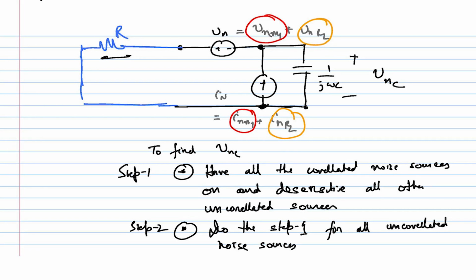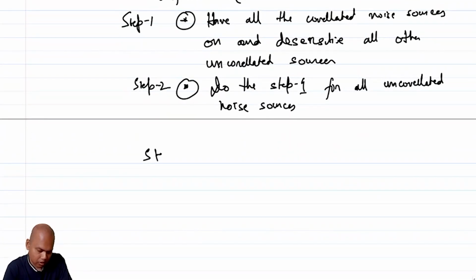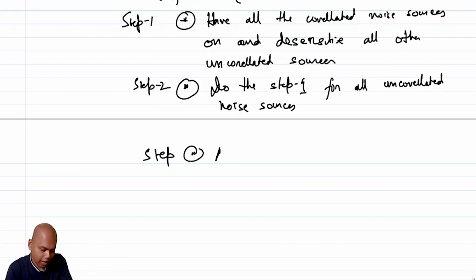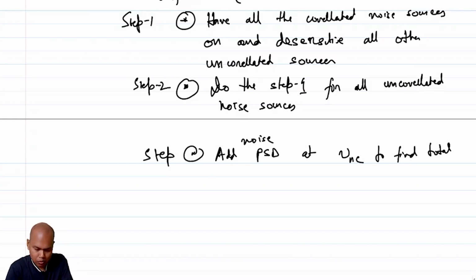And step 3, combine the power spectral densities we get from step 1 and step 2 at the output, so add the noise PSD, add VNC, to find the total noise PSD.